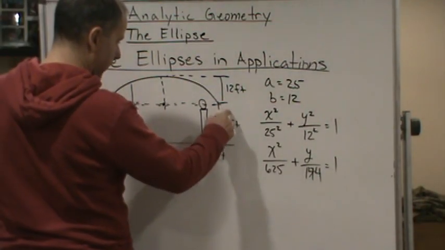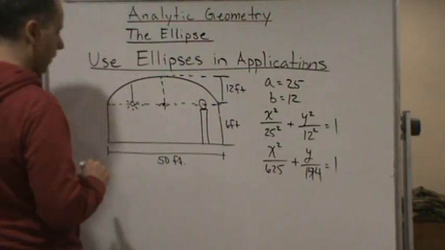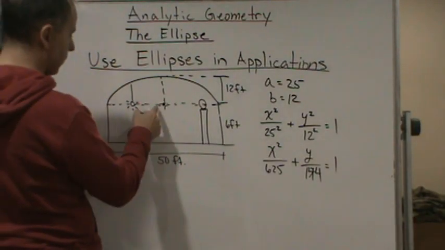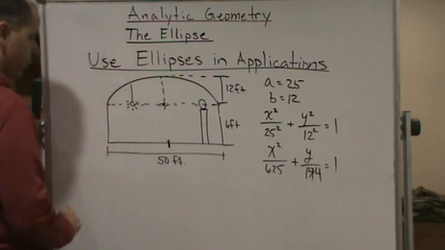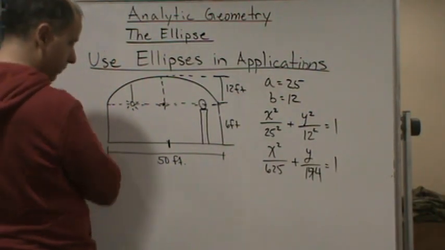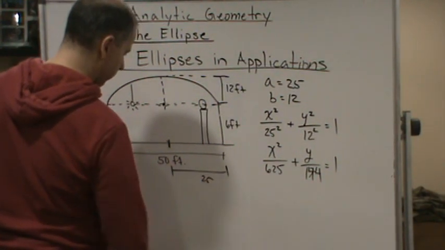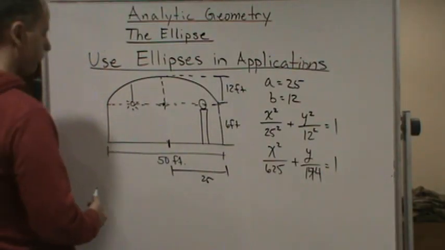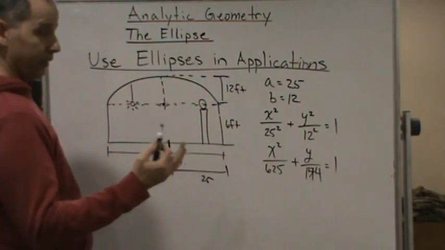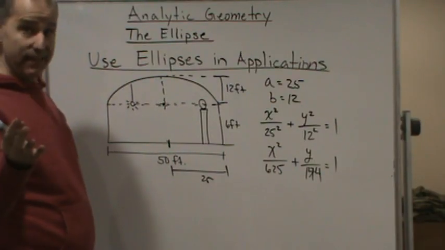So again, we're 6 feet from the floor, so we're going to assume that's on the 0 line. So we just need to know how far from this 25-foot range here, because from the center, 25 feet. So now we need to find where the foci are located, or at least find our C value.